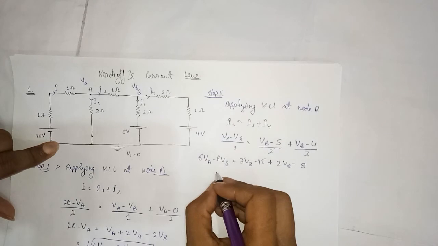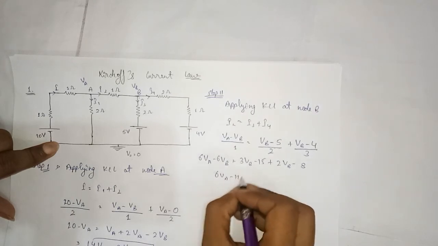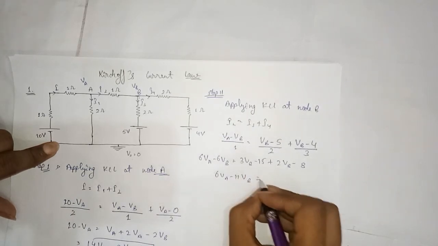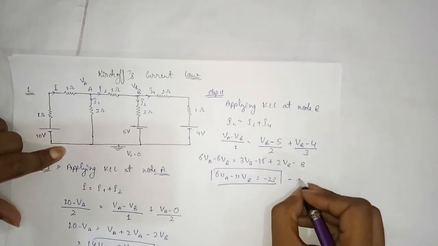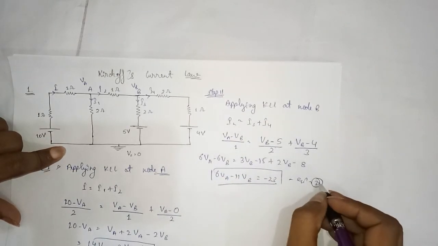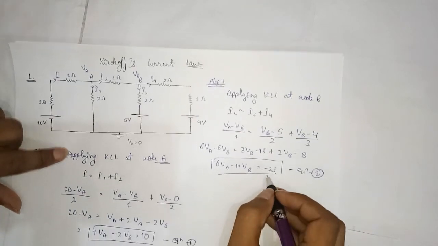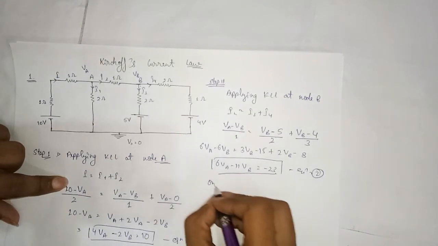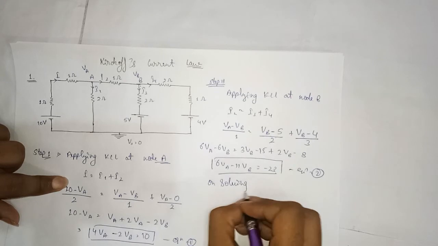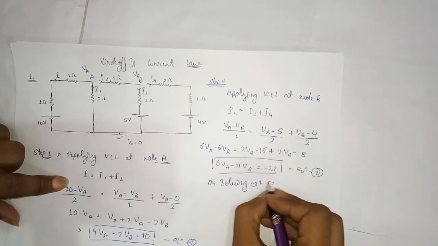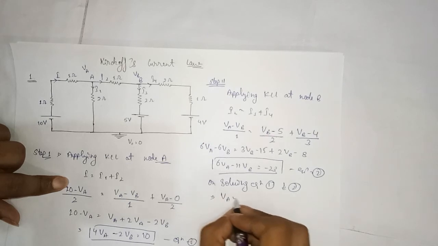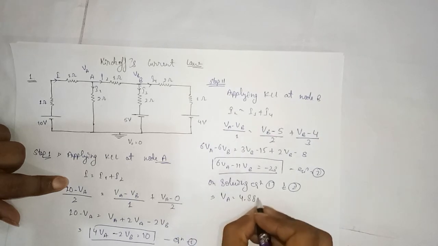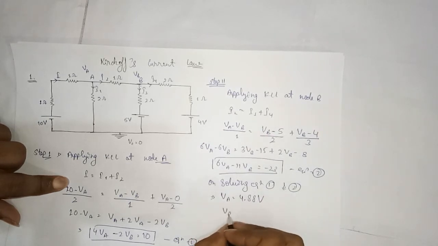So on solving we will get 6 VA minus 11 VB is equal to minus 23, and this is our equation number 2. Now on solving equation number 1 and 2, we will get VA is equal to 4.88 volt and VB is equal to 4.75 volt.